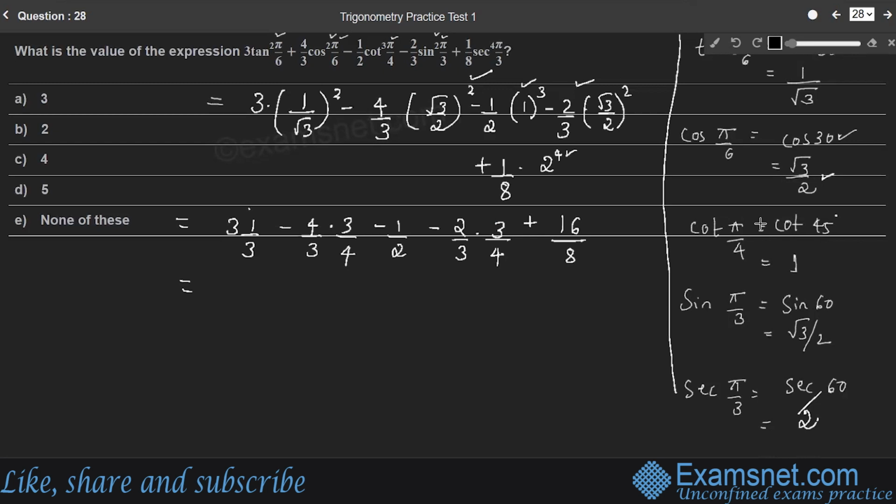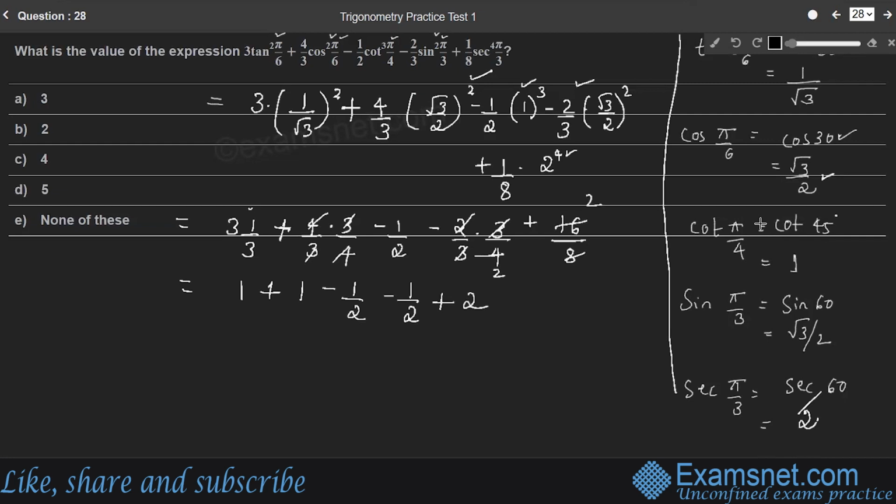Therefore the 3 and 3 will get cancelled, giving 1. Here it is plus, not minus, for the second term. Here 4 and 4, 3 and 3 will get cancelled, so 1 plus 1 minus 1 by 2. Again here 3 and 3 will get cancelled, 2 into 2 is 4, so you'll have minus 1 by 2 plus 2 at the end.